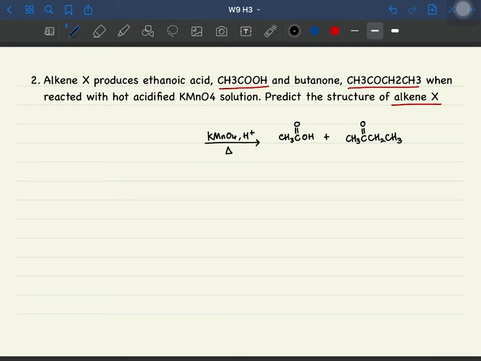Now, we want to predict what kind of alkene X has been used to form this kind of product. First, we need to check that our alkene is going to have a total of 1, 2, 3, 4, 5, 6 carbons.